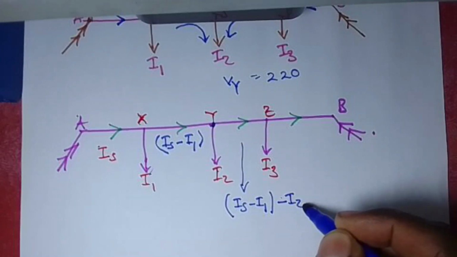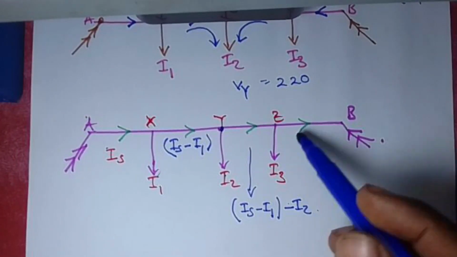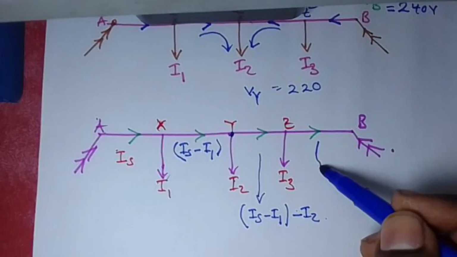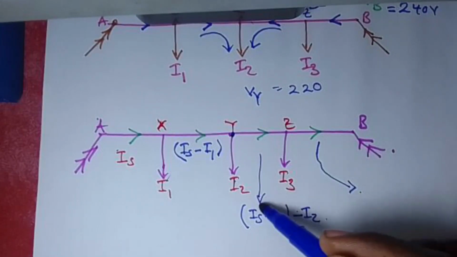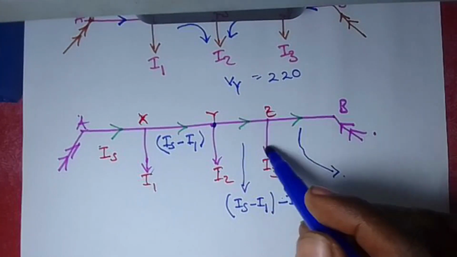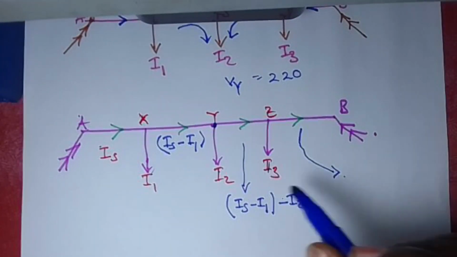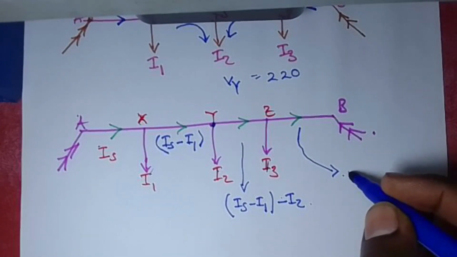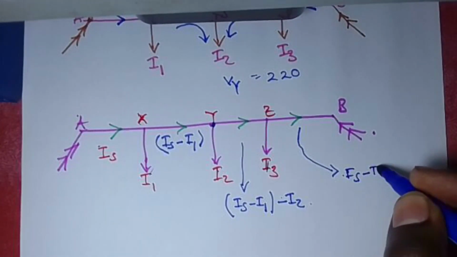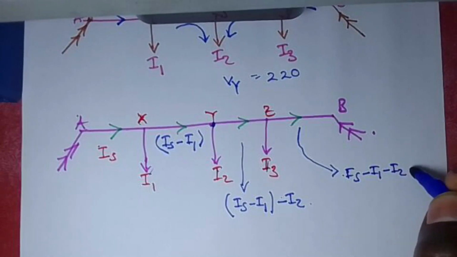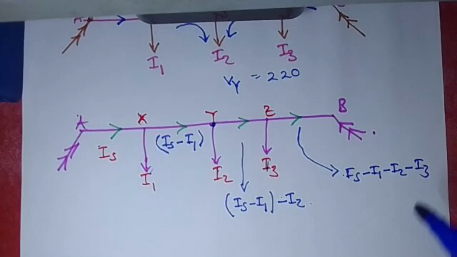Similarly, if you want to calculate this current here, it is going to be equal to the current flowing here minus the current being tapped off. So this will be IS minus I1 minus I2 minus I3. So that is how we find the currents flowing in each particular section.